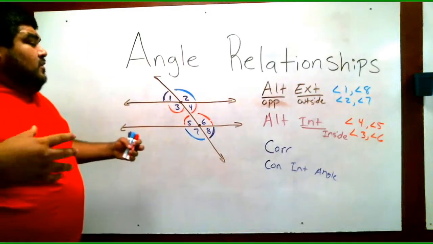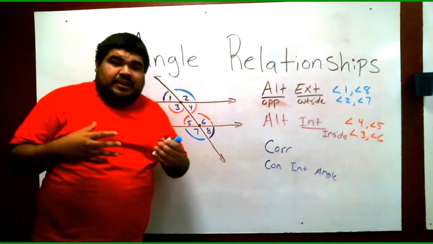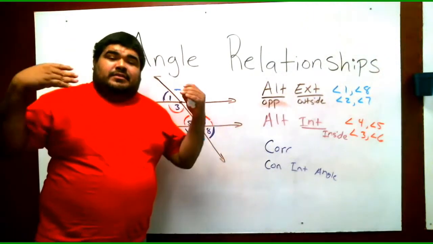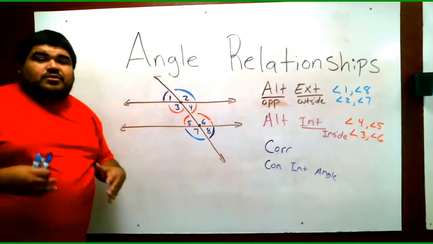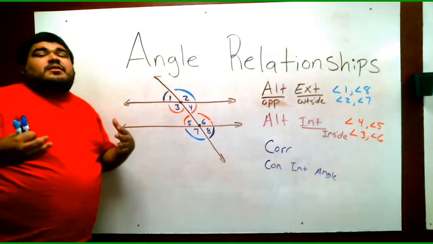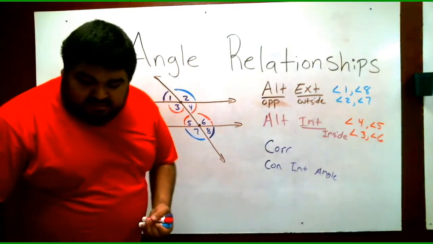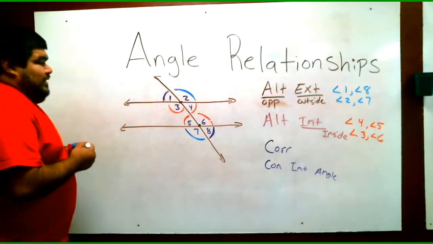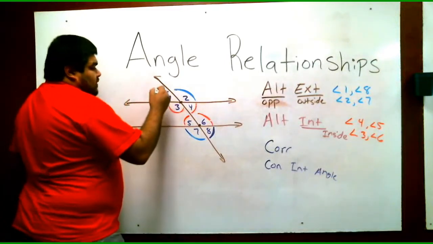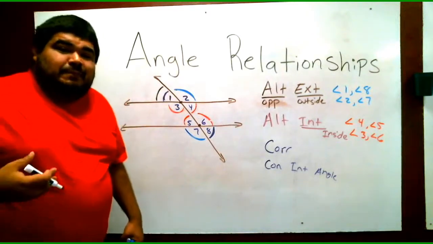If you remember, corresponding angles are angles that are on a different line. Now we're going to focus on the lines here. They're the same angle, just on another line. We can say angle 1 has another angle with the same measurement.